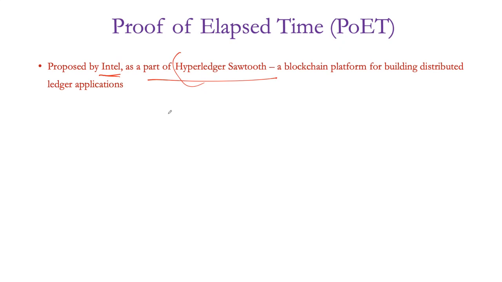With Sawtooth, Intel proposed this consensus in the permissioned network, a blockchain platform for building distributed ledger applications, using elapsed time.